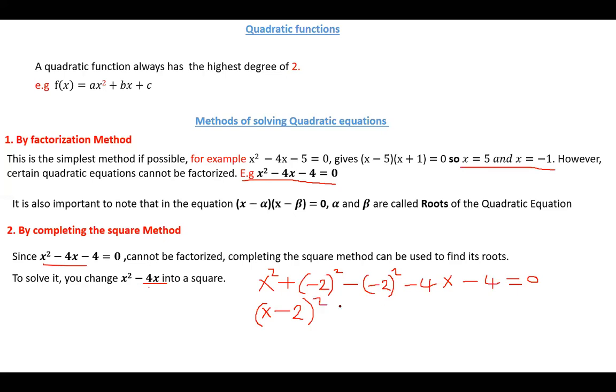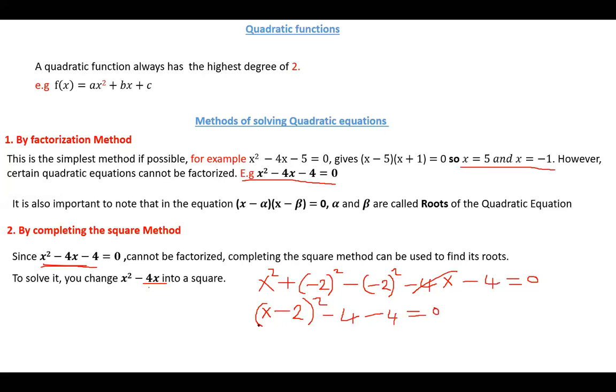So you square this, and then you write this minus here, and then you say negative 2 squared gives you what? 4. And then this one, you just automatically cancel it. If you want to prove this, you can simplify everything, and you are going to see where this negative 4x is cancelling, and you get back to this. So you cancel that and say minus 4 again. So this is equal to 0.